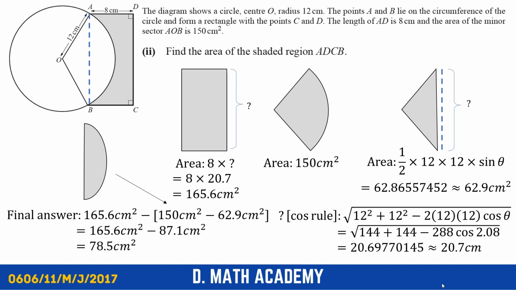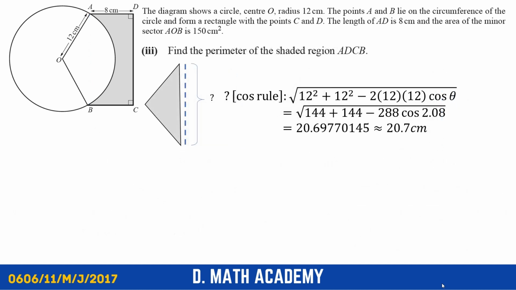By doing so, you will get your final result as 78.5. Remember the AB chord that we calculated earlier; this value also transfers to DC's part. So we have 20.7 over there.